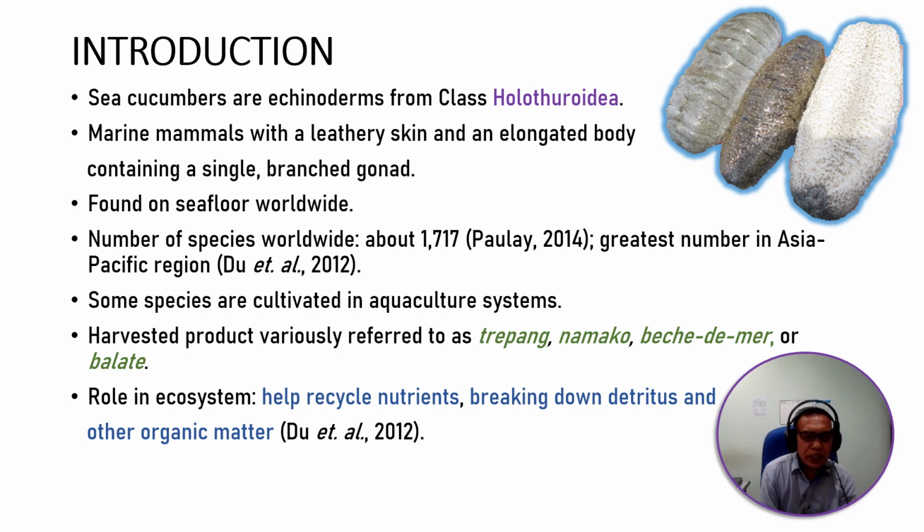Some of the species are cultivated in aquaculture systems, and it is commonly referred to as trepang, namako, bêche-de-mer, or balate. Sea cucumbers have an important role in the ecosystem, such as helping recycle nutrients, breaking down detritus and other organic matter.